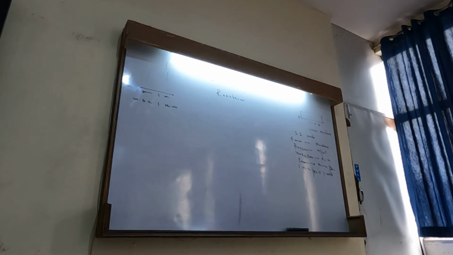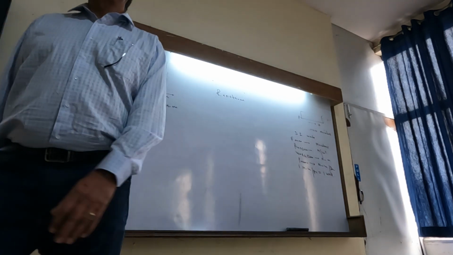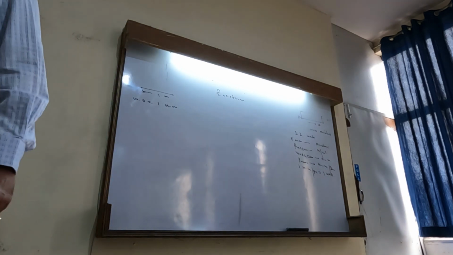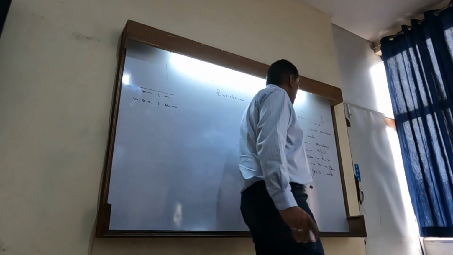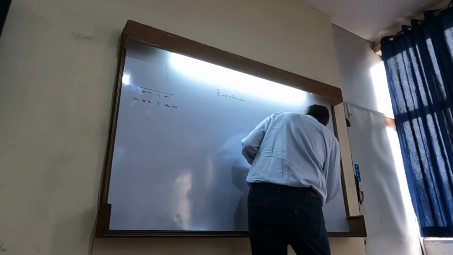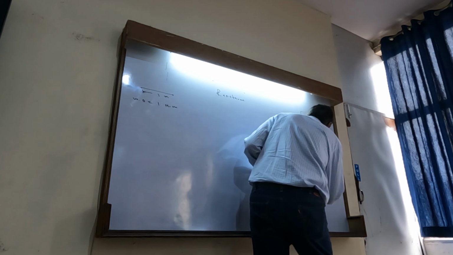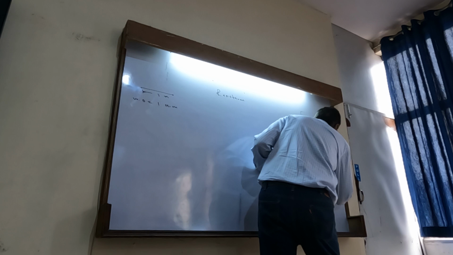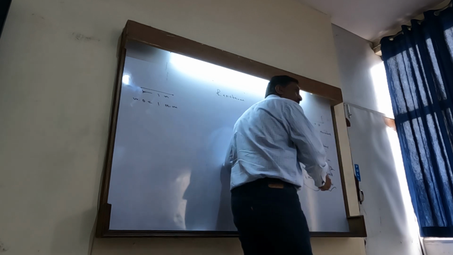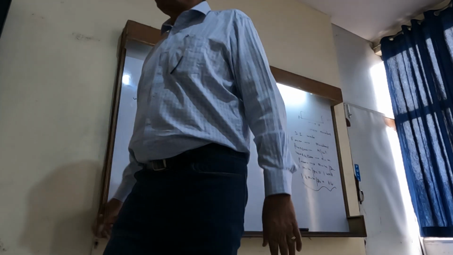One newton meter per second is equal to 1 watt. And if, instead of using the small unit, I use 1 kilonewton meter per second, the answer will be in kilowatt. This is what we normally use, because power is pretty big.